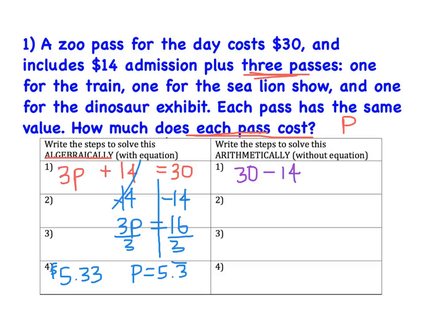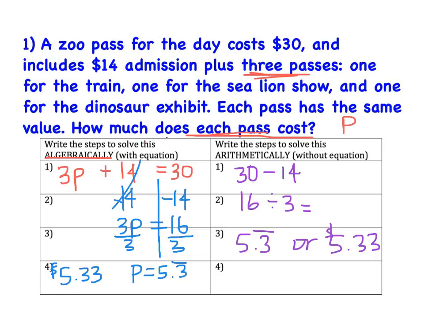So 30 minus 14 is going to give me 16. My second step, I know that $16 is the cost for the 3 passes, so I want to divide it by 3 to figure out the cost of each pass. That gives me 5.3 repeated, or $5.33.